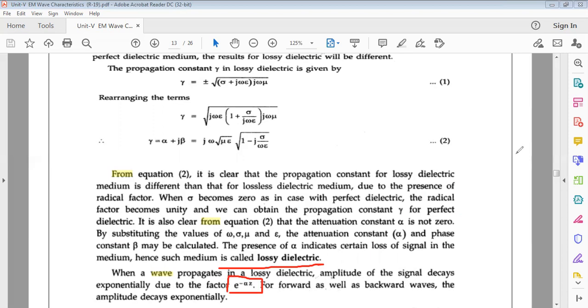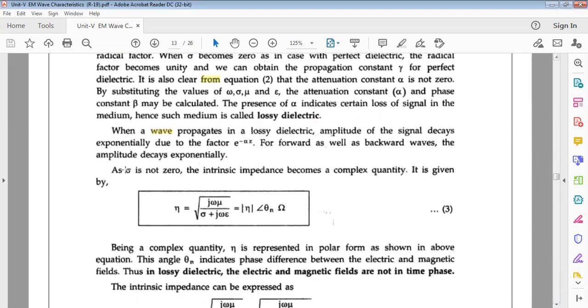And as sigma is not zero, the intrinsic impedance also becomes a complex quantity. It is given by eta equal to the square root of j omega mu by sigma plus j omega epsilon.